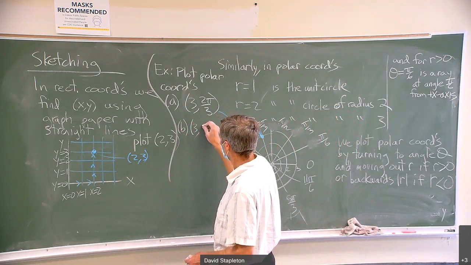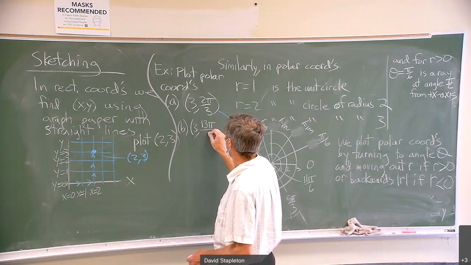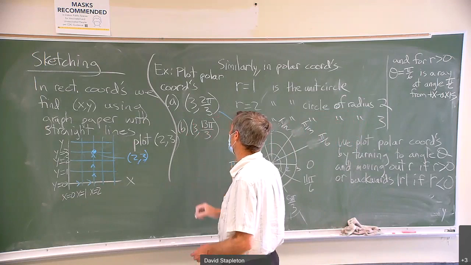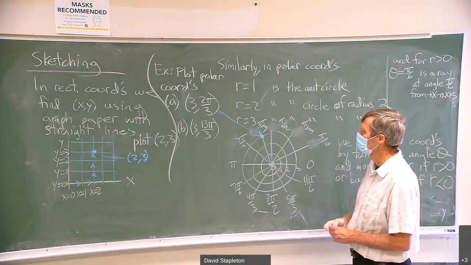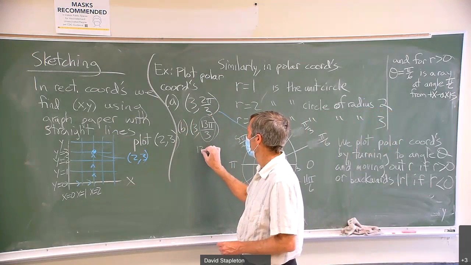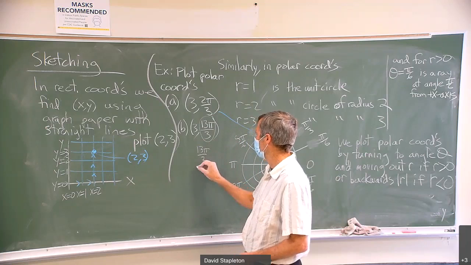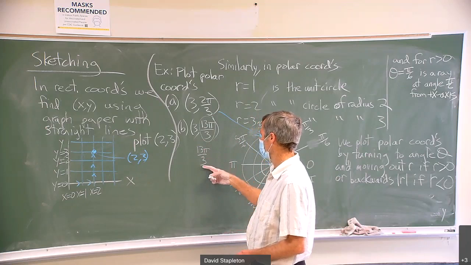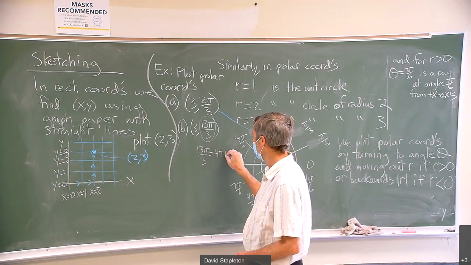Right? Suppose I wanted to plot (3, 13 pi over 3). How about that one? That's a big angle, but you can say, oh, that's the same direction. So I subtract out a multiple of 2 pi. So 12 pi over 3 would be 4 pi. I could call this 4 pi plus pi over 3.